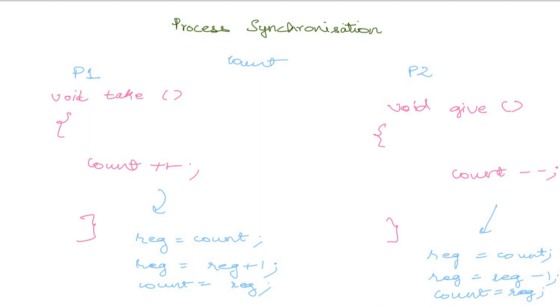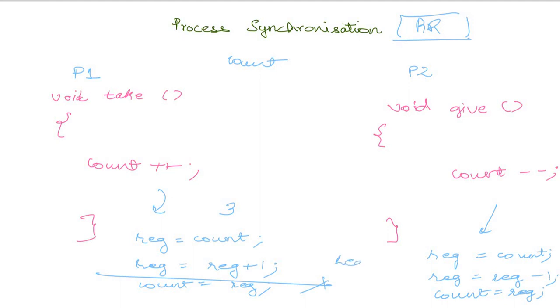So what happens when we do this? Let's say the processes are in a round robin and the time quantum stops it here. What happens if the time quantum stops or preempts this process here? Let's say we had the value of count as 3.